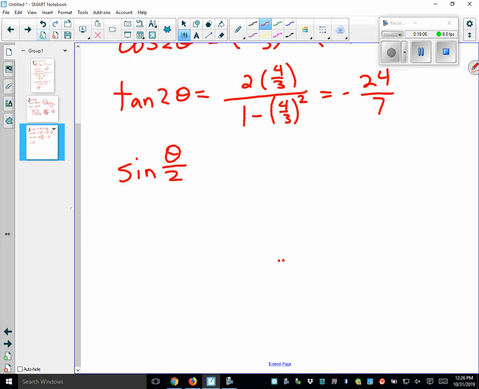Plus or minus the square root of 1 minus cosine of x over 2. 1 minus cosine. Negative what? So plus 3/5 over what? 2. Is that right? Yes.